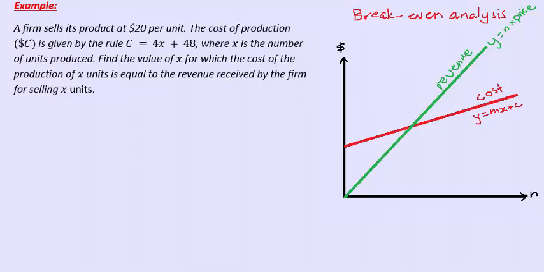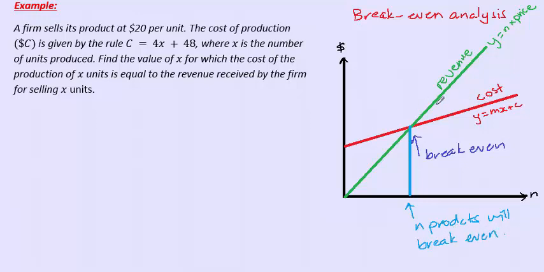My break-even point, as I've said, is where the lines cross. I will go down from the break-even point, and if I make a perfectly vertical line, this point here is the number of products that I need to make to break even. And that's how a break-even analysis always works.